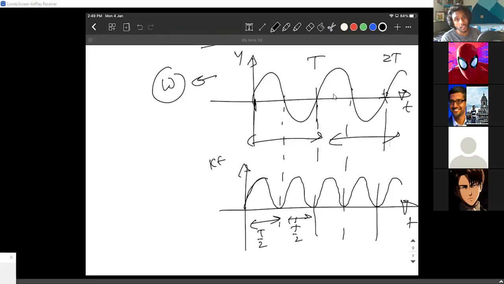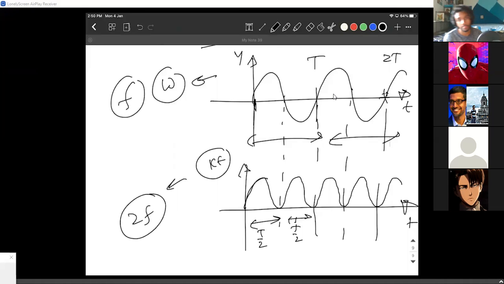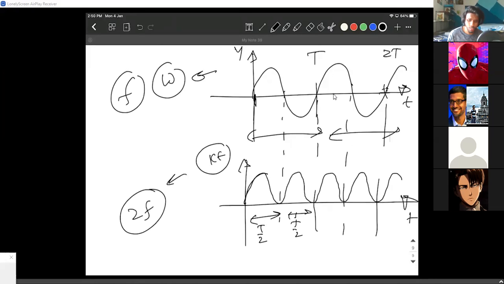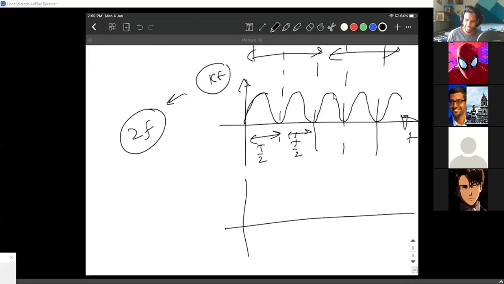So the time period is half for kinetic energy, and the frequency is doubled. If the frequency here is f, the frequency here is 2f. Exactly. It goes the same with the potential energy also, except the potential energy graph looks a bit different, as if it is shifted by a little amount, but its frequency is also 2f.